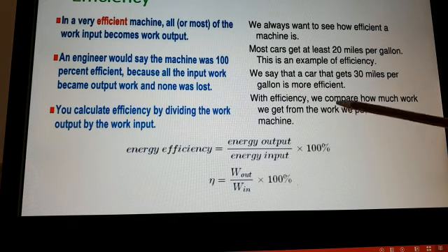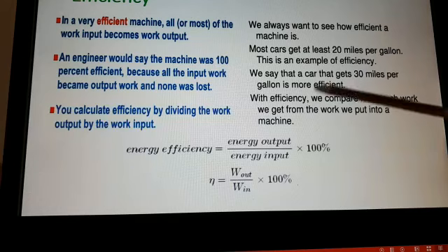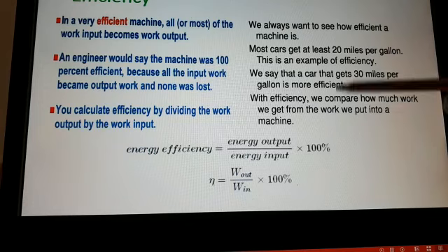With efficiency, we compare how much work we get from the work we put into a machine. How much energy we are giving and how much the machine can do tells us about its efficiency. In a very efficient machine, all of the work input becomes work output. An engineer would say that machine was 100% efficient because all the input work became output work and none was lost.